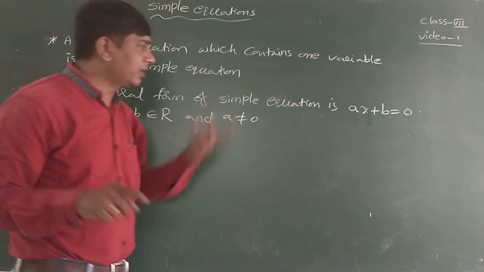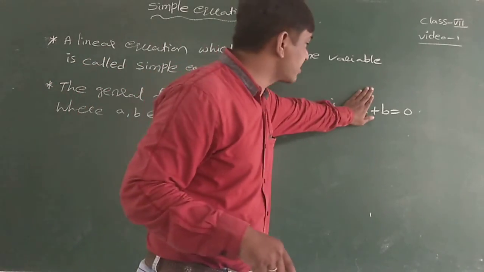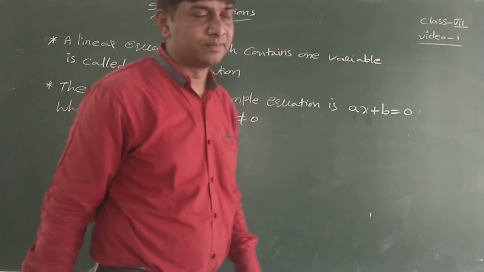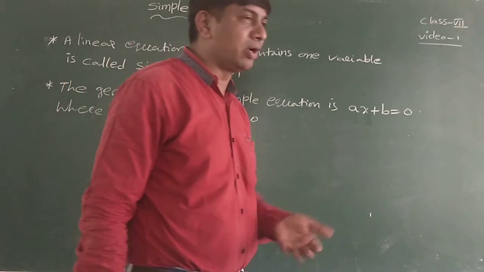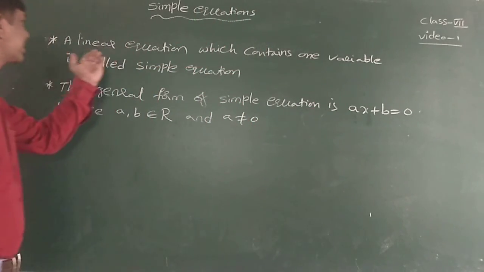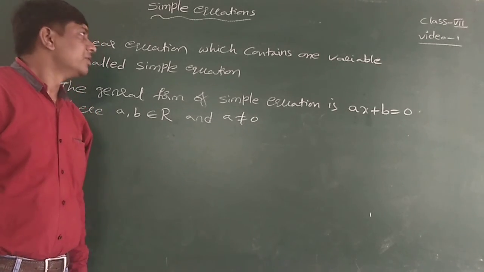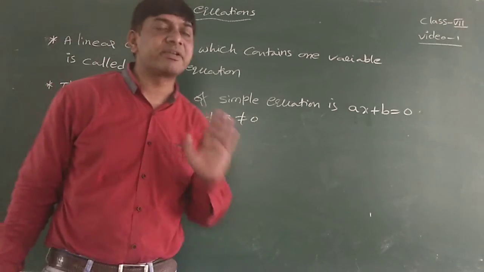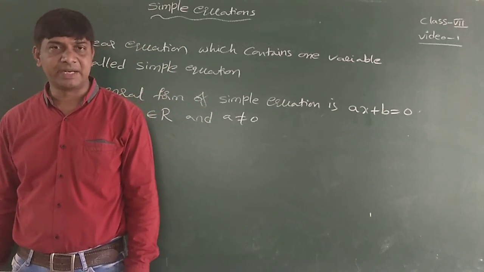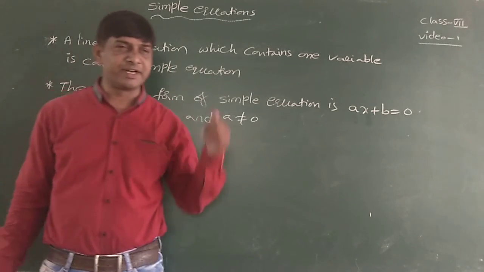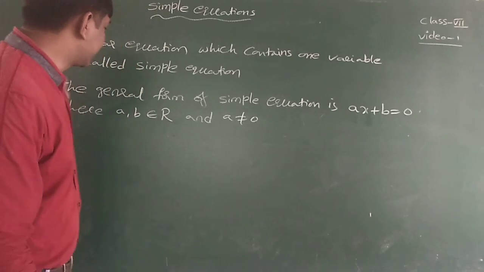If a becomes 0, the equation becomes a constant equation, b is equal to 0. There is no variable now, so you can't say it is a linear equation in one variable. This is the linear equation definition I introduced. Keep it in mind and try to understand this concept.